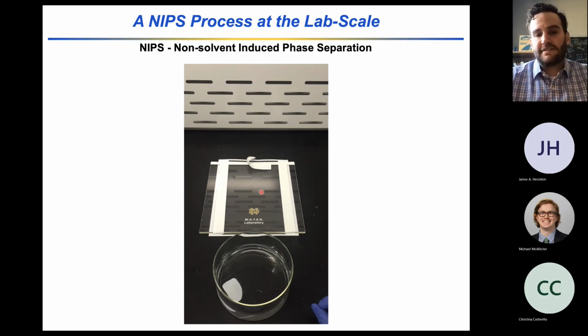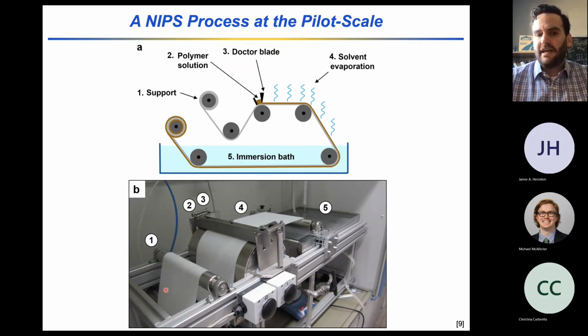And so this process that occurs at the lab scale can get scaled up to a pilot scale. This image gives us a little bit of a sense of how membranes are cast using a roll-to-roll process. You take some sort of non-woven support, and that comes in a large roll over here, and then it gets passed through some guiding cylinders until it goes underneath the doctor blade.